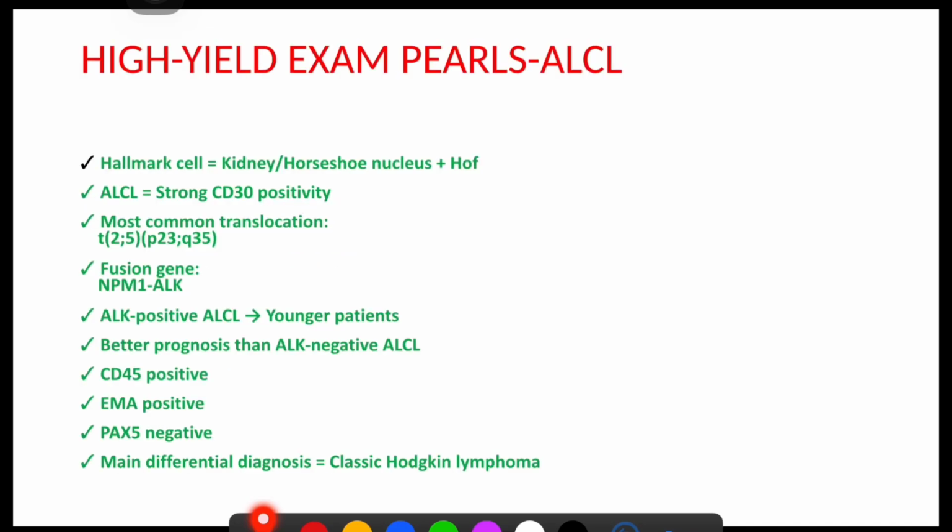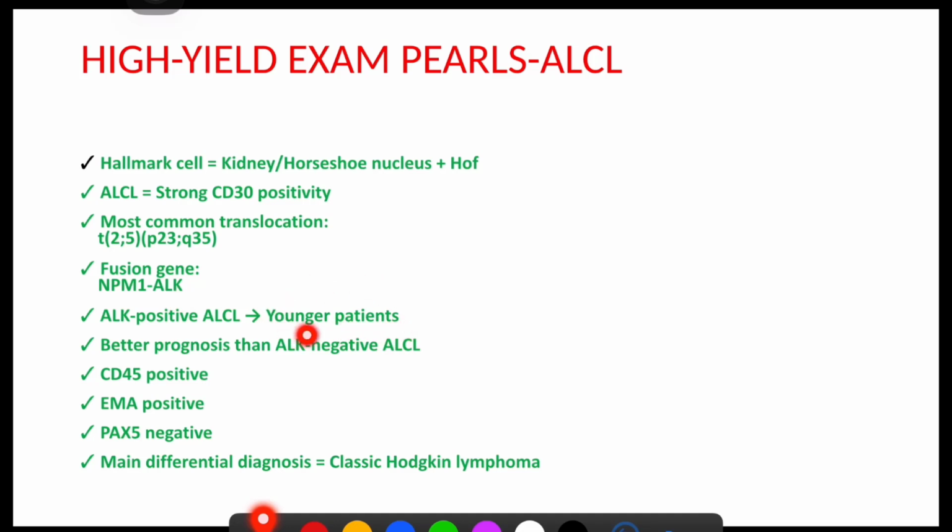So IHC is essential. Important exam points of ALCL, if you remember: hallmark cells, strong CD30 positivity, translocation is t(2;5)(p23;q35), NPM1-ALK fusion gene.